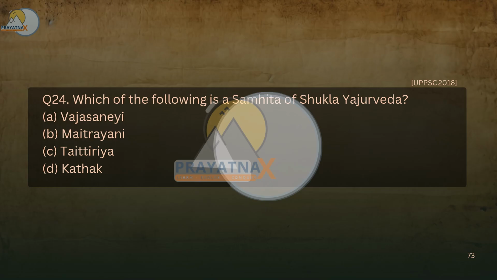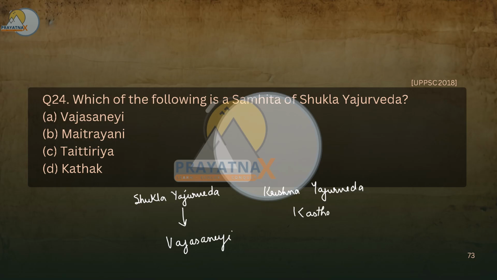Now, if we briefly look at Shukla Yajurveda, it is only related to Vajasaneyi, whereas Krishna Yajurveda is related to Kathak, Kapisthal, Maitrayani and Taittiriya.